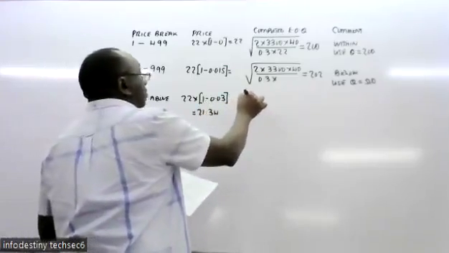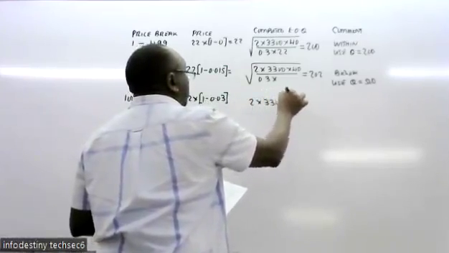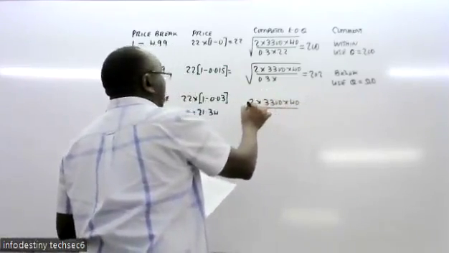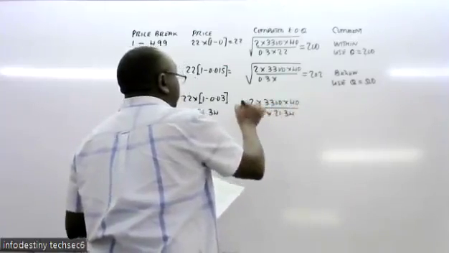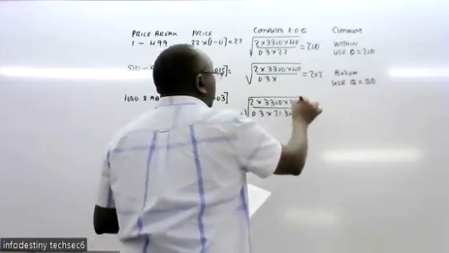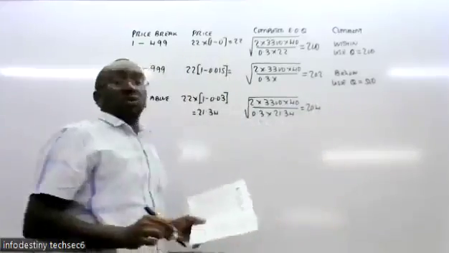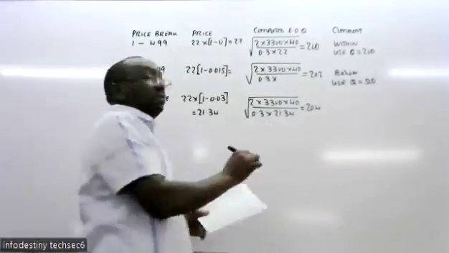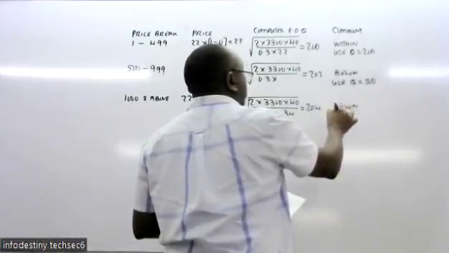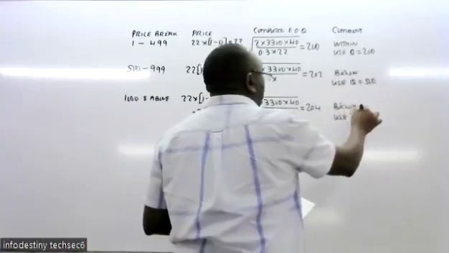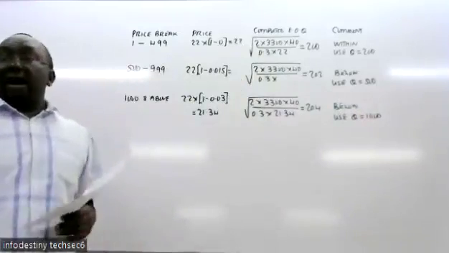So this now becomes 2 times 3,300 multiplied by 40, divided by 0.3 multiplied by 21.34. You get 204. So 204, you can as well see that it is still below. And if it is below, you use Q as the lower limit. So we are going to use Q as 1,000.